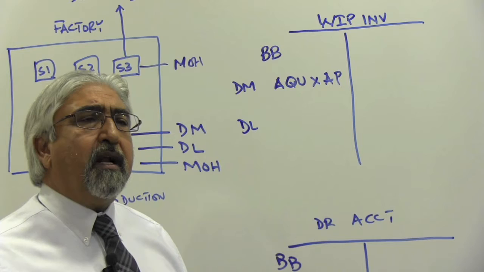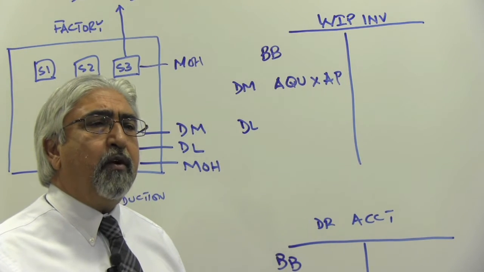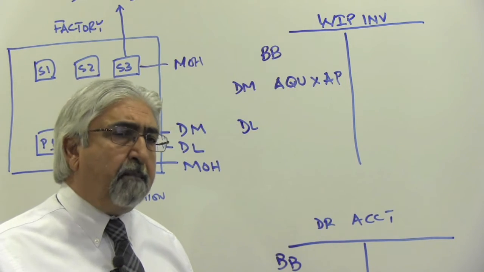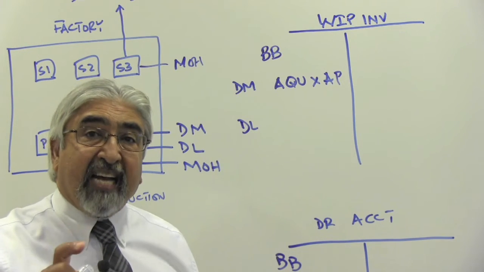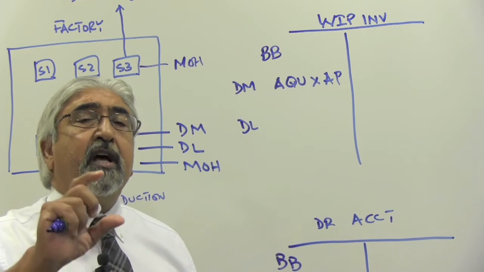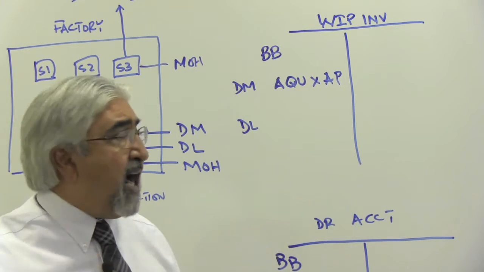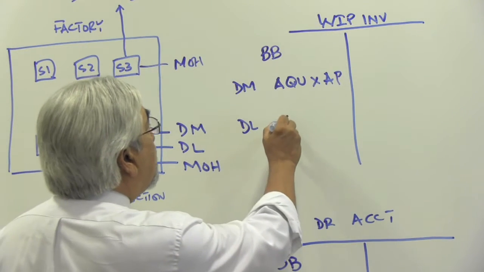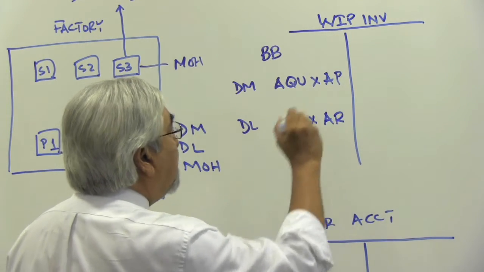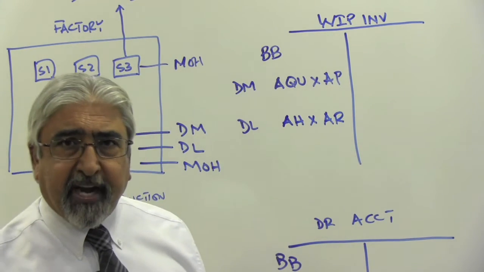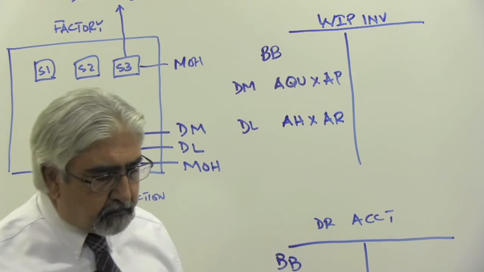The amount under actual costing debited to the work in process account, and by the way, the work in process account represents the factory, so these are the costs being incurred in the factory, is equal to the actual hours worked multiplied by the actual wage rate per hour.